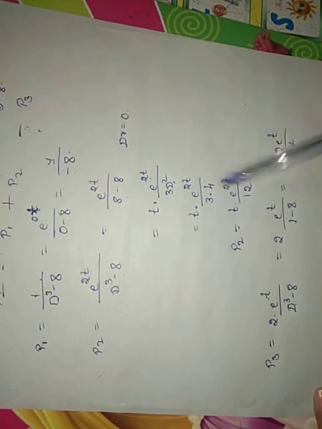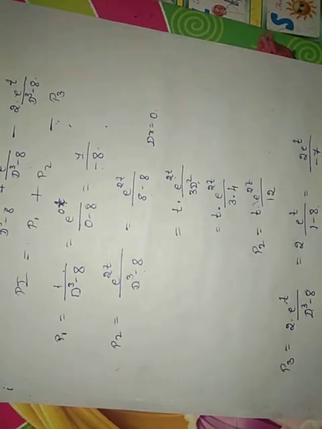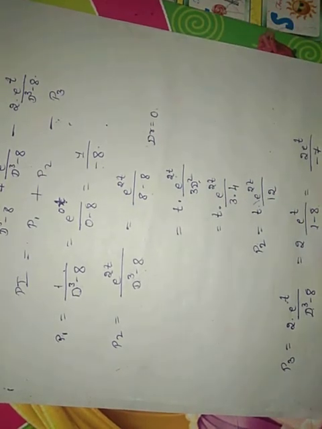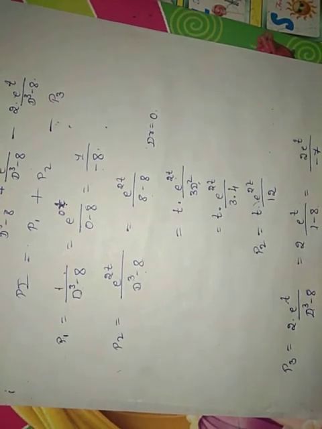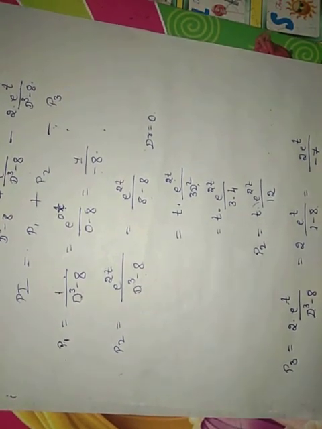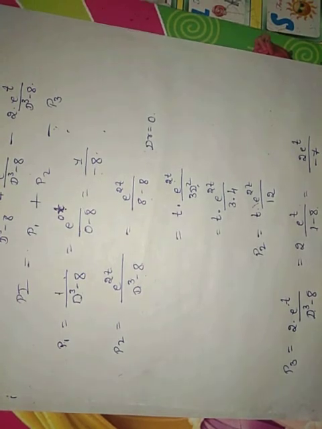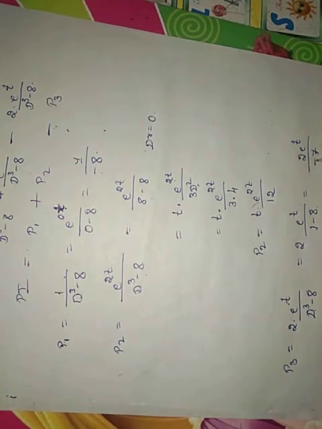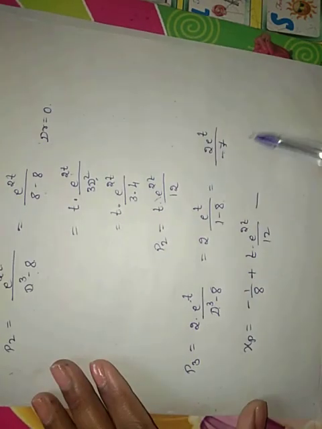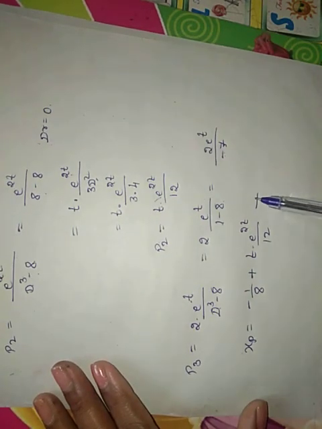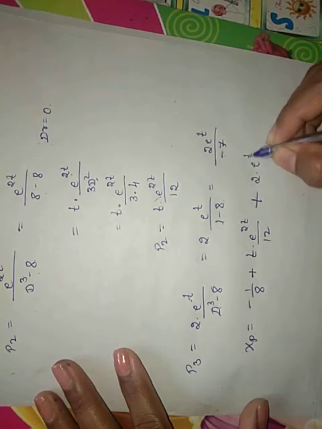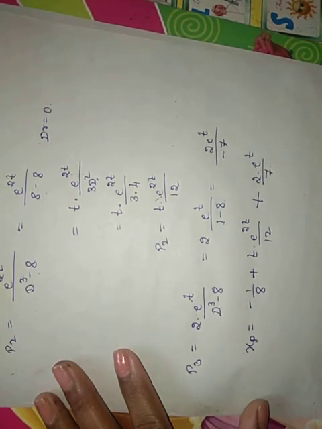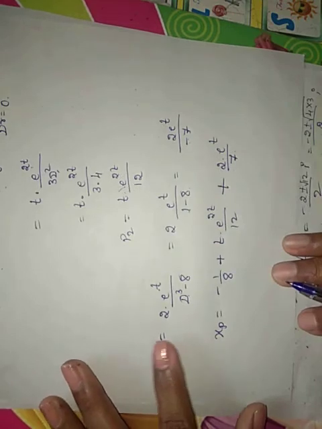Now substitute P1, P2, P3 in XP. XP is equal to P1 plus P2 minus P3. P3 already has a minus sign, so minus of minus becomes plus 2 into e raised to t divided by 7. That is our particular integral.